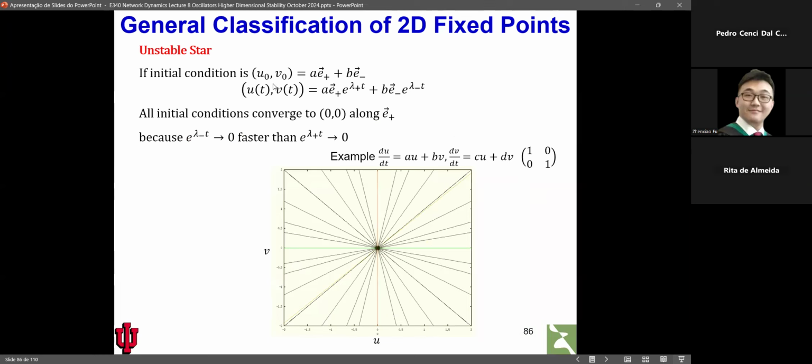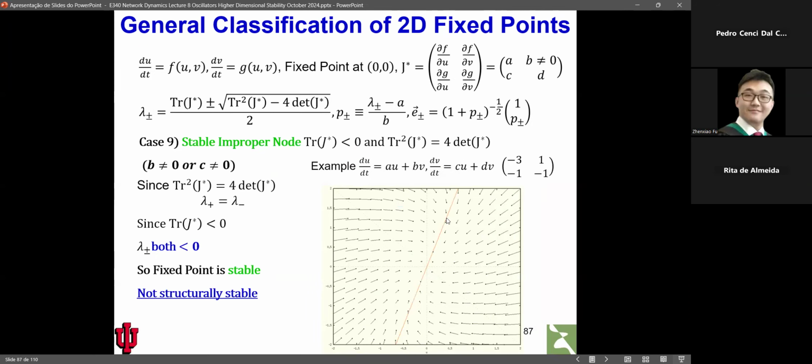And again, you have an example here. Then case 9. Then you have an improper node with the trace less than 0, which would be okay, but the trace is equal to 0.